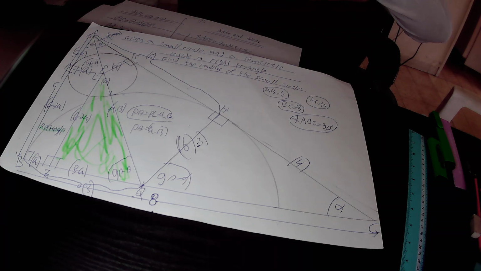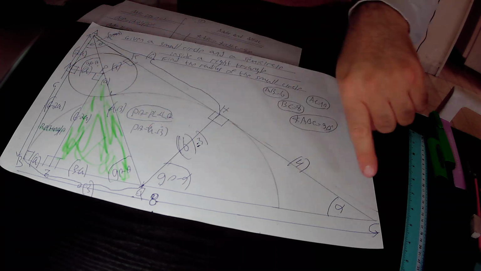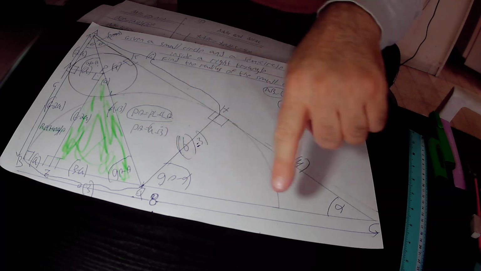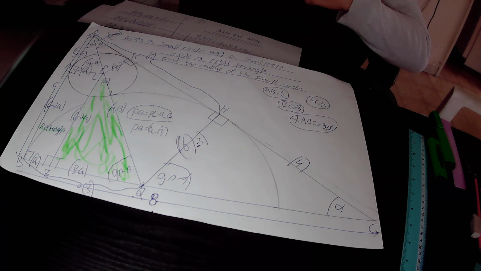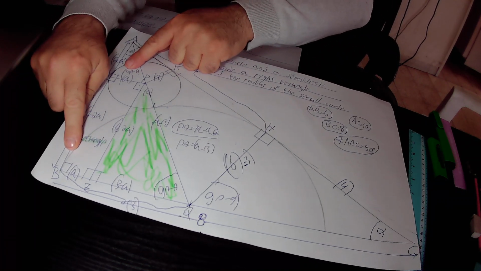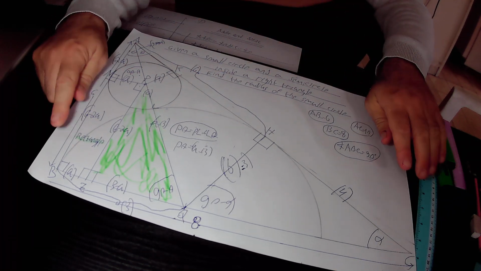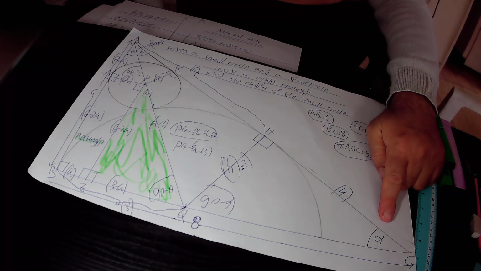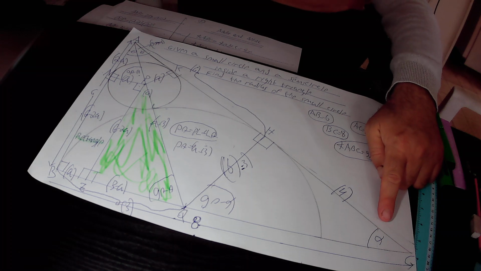In the next step, we prove that this big right triangle ABC is similar to this small right triangle HQC. Why are those two right triangles similar to each other? First of all, those two angles are both equal to 90 degrees, therefore they are equal to each other. In addition, this is angle alpha, a common angle that belongs to both triangles, so we can write down that angle alpha equals itself.